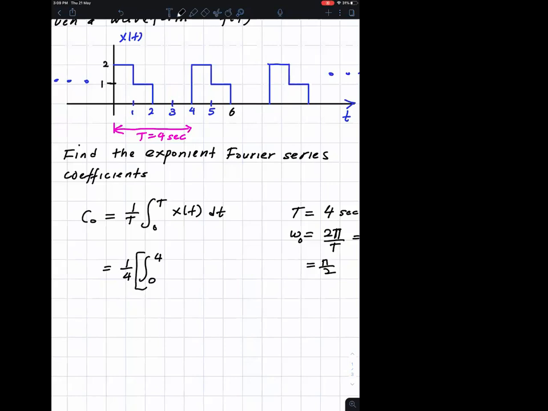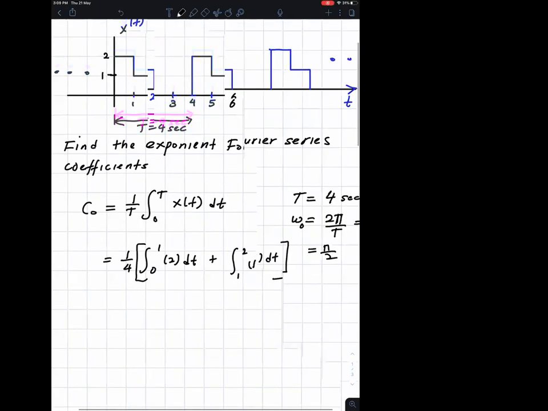From 0 to 1, the signal amplitude is 2. And then from 1 to 2, the signal amplitude is 1. So that's how you calculate your DC.